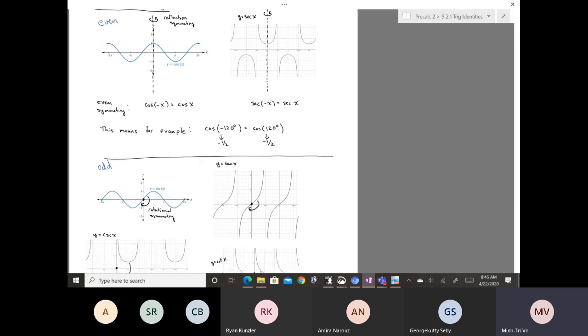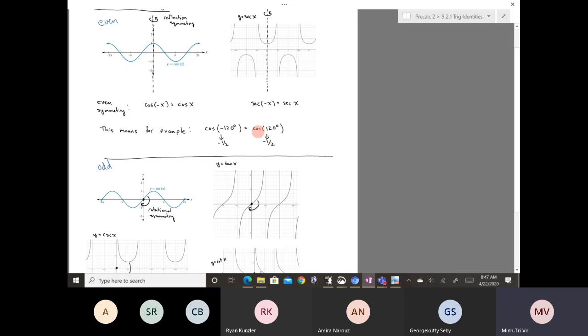And the kind of symmetry reflects how the function behaves in terms of negative angles. If I calculate the cosine of negative 120, it's the same as calculating the cosine of positive 120 degrees. These two turn out to be negative 1/2.